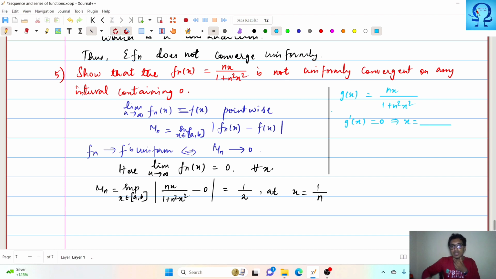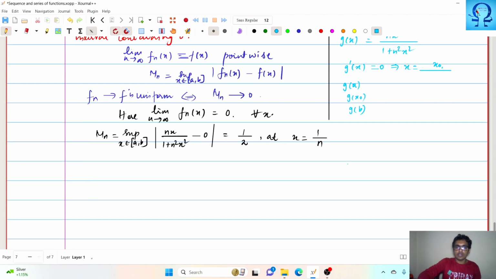Since we are in a closed interval, if we call that value x naught, find g of a, g of x naught and g of b; whichever is the largest is your supremum value.